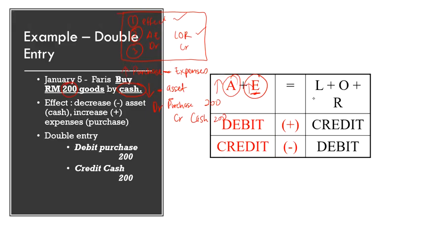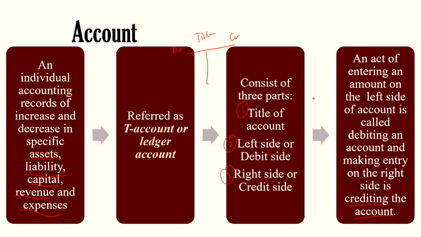Contoh tadi, debit purchase 200k. So purchase 200, we are debiting the purchase account. Ni je yang you perlu tahu. Okay, this is the account or ledger account.